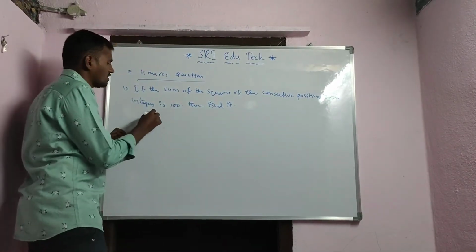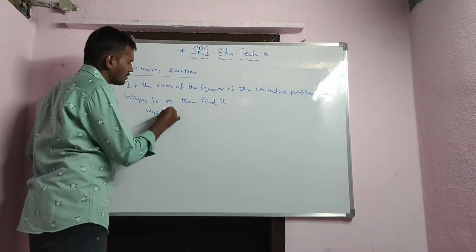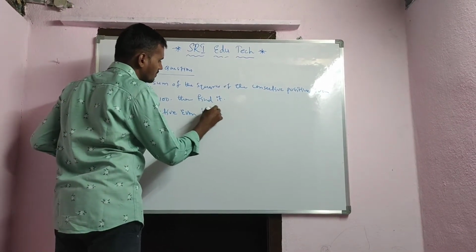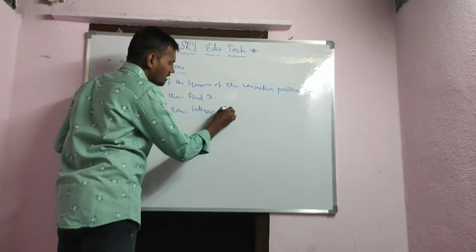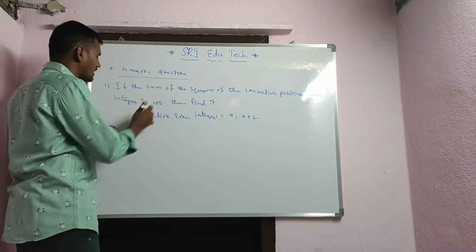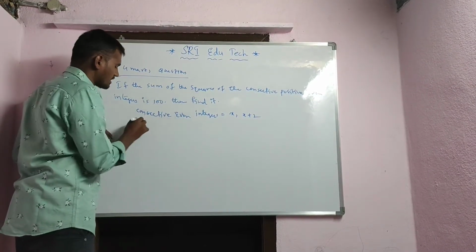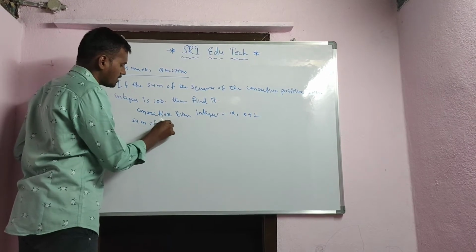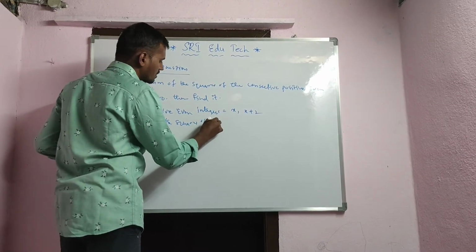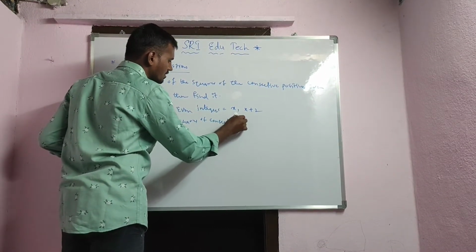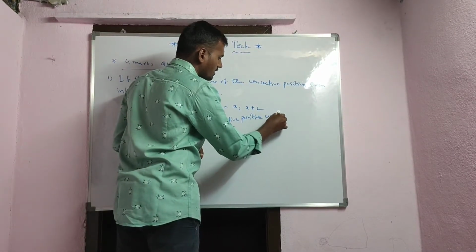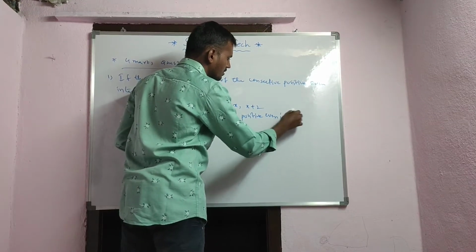So the consecutive even integers are x and x plus 2. Here the sum of the squares is given. The sum of the squares of consecutive positive even integers is 100.